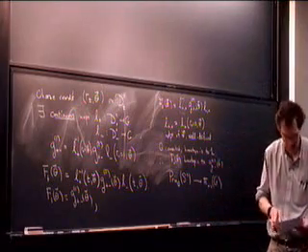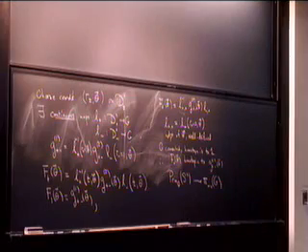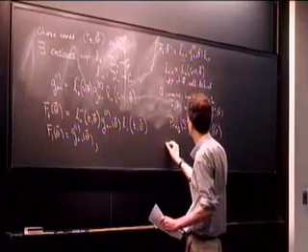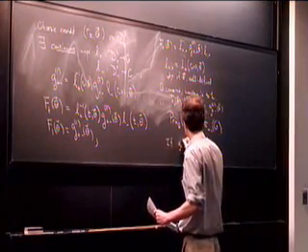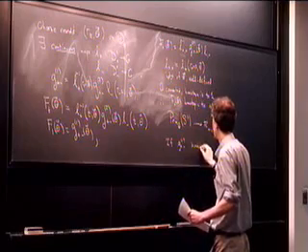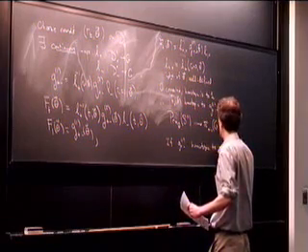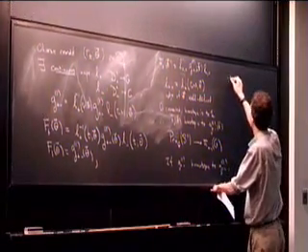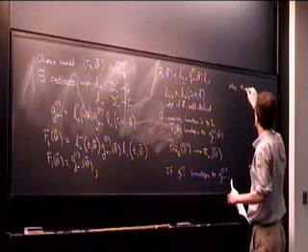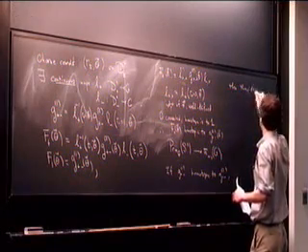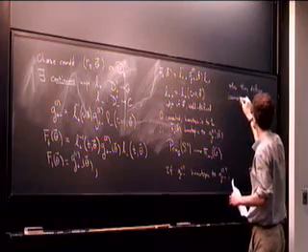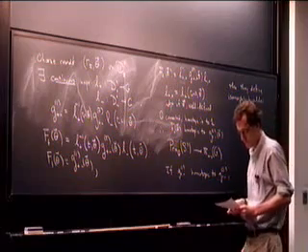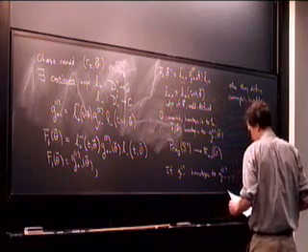Okay? So what do we have to show? We have to show the converse. We have to show that if g plus minus 1 is homotopic to g plus minus 2, then they define isomorphic bundles. Okay, so how do we do that?